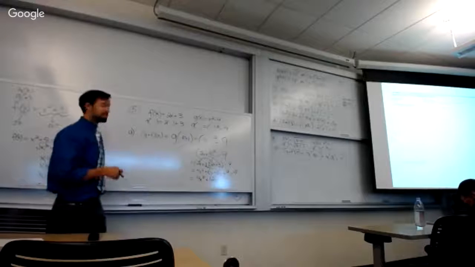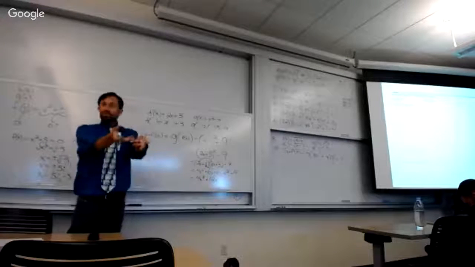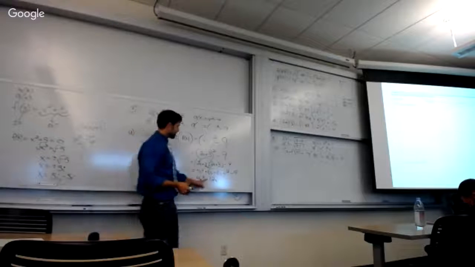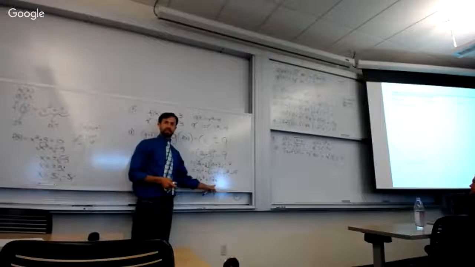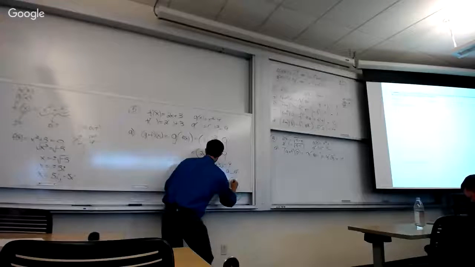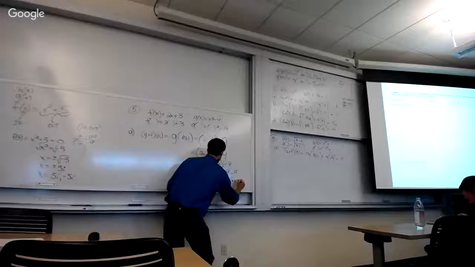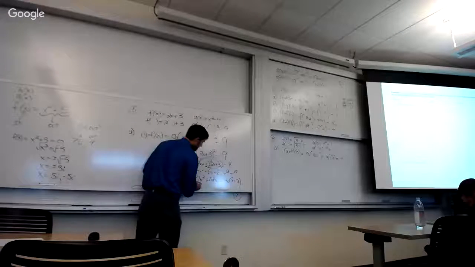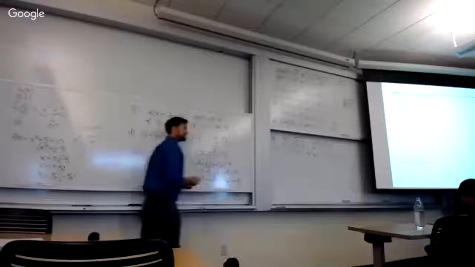It depends on how much you like the person you're about to hand the function to. If you like the person you're about to hand it to, you can even go one step further. What can we do to this? Yeah, you can factor out a 4x, and then you've got 4x outside of x plus 3. So to Josh's question, that could be your final answer, or that could be your final answer.